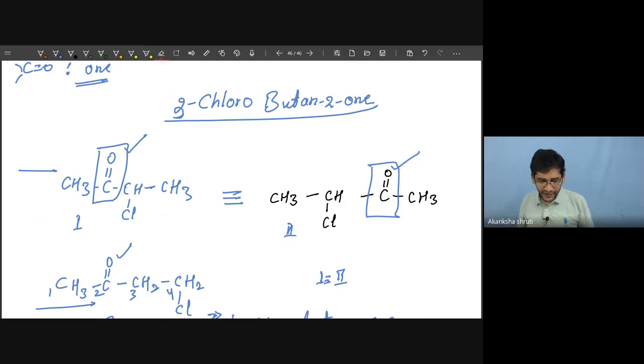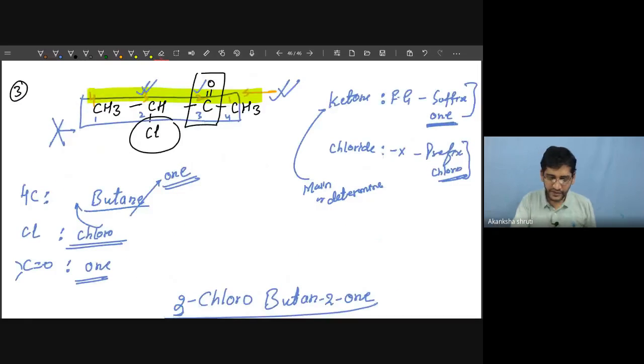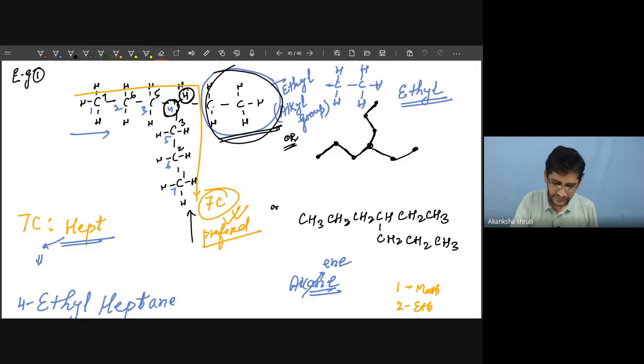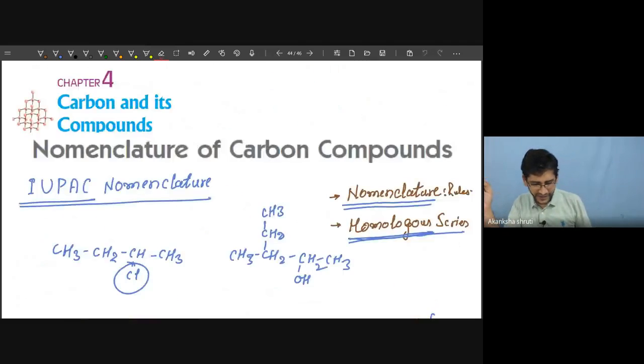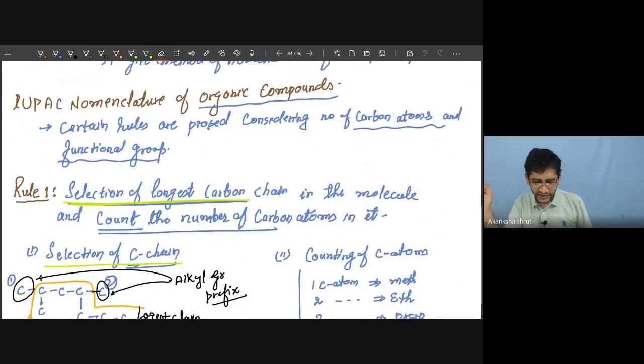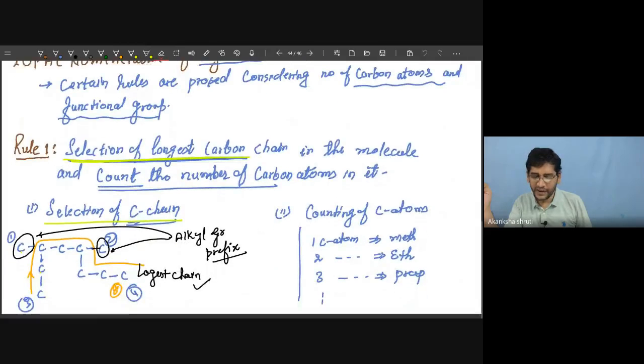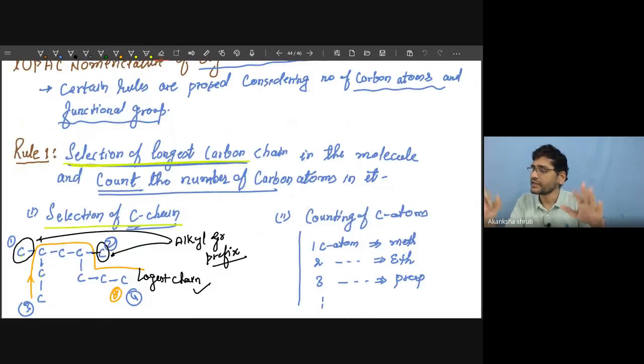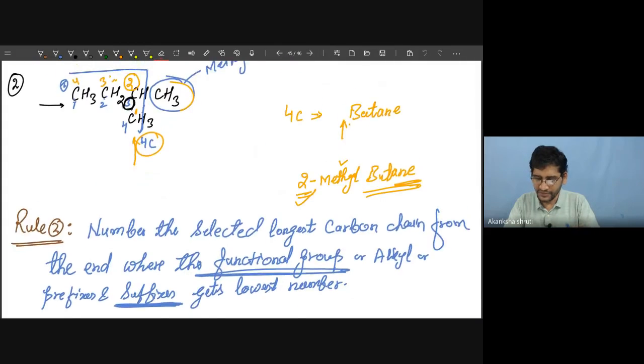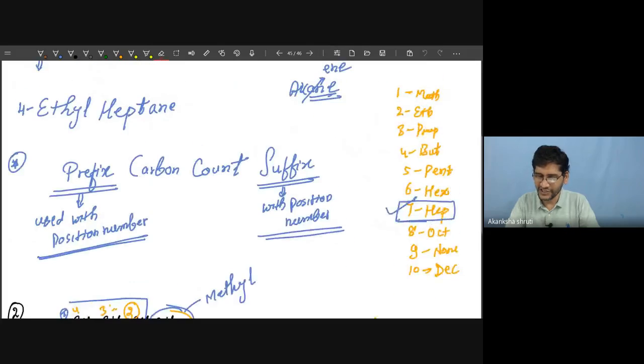Means what we have understood till now, let me recall it. Student, the very first rule tells us you have to select the longest possible carbon chain. Then that longest possible carbon chain, you have to name it as meth, eth, prop, but, pent. Considering the nomenclature table, I have written that nomenclature table here.